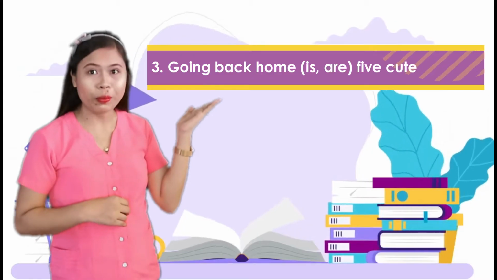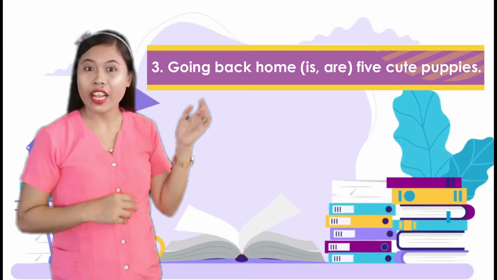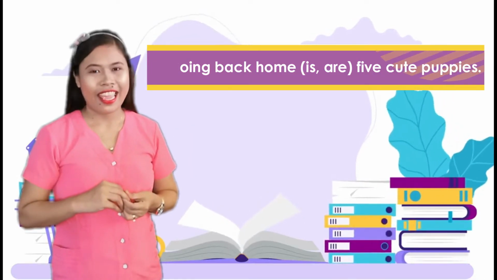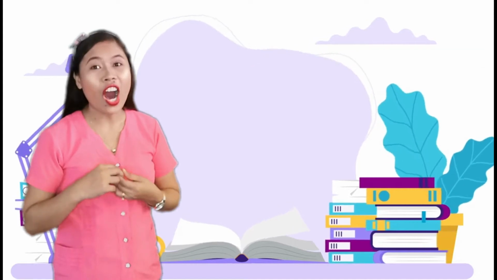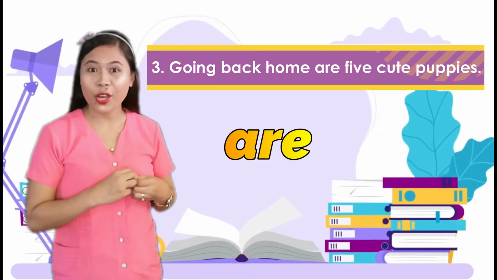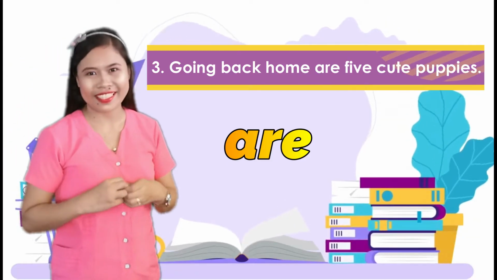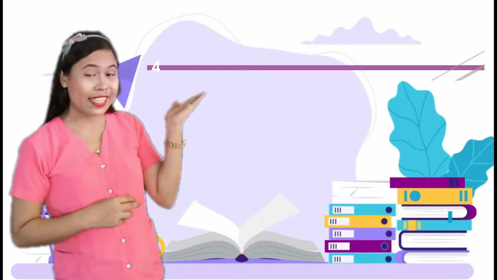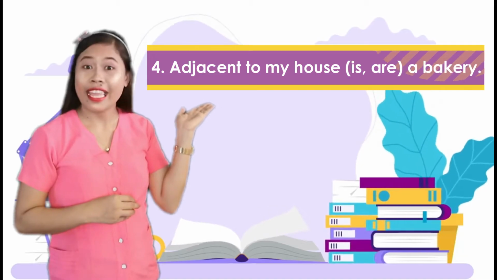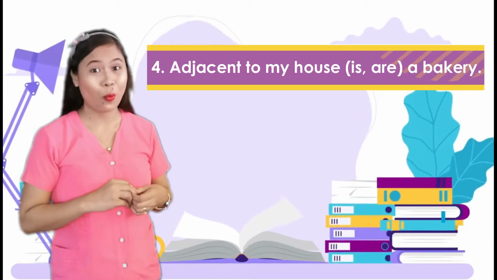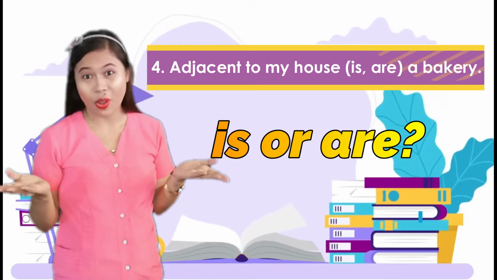Going back home is our 5 cute puppies. Excellent. Are. Going back home are 5 cute puppies. Adjacent to my house is a bakery. Well, is or are?